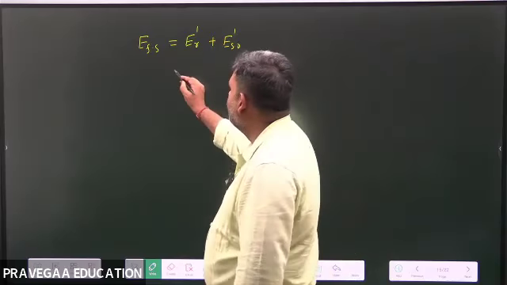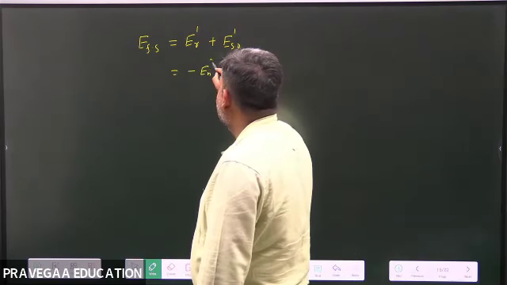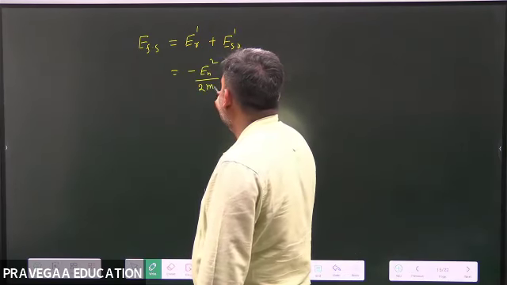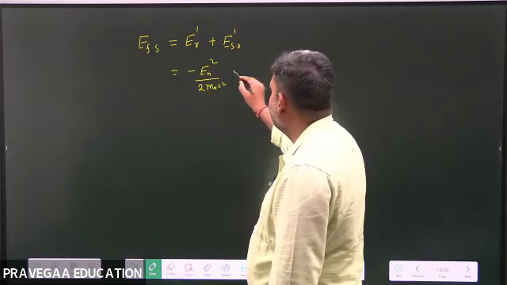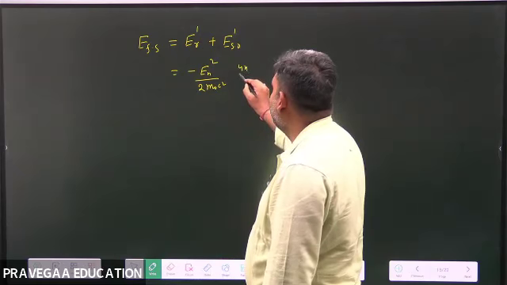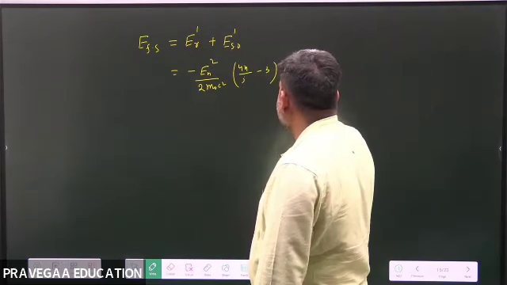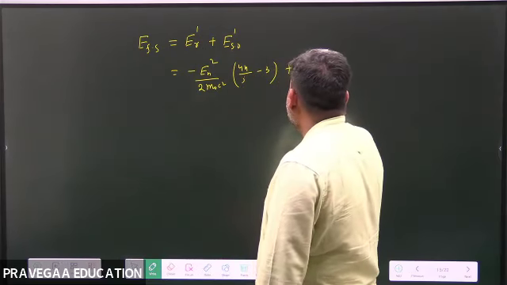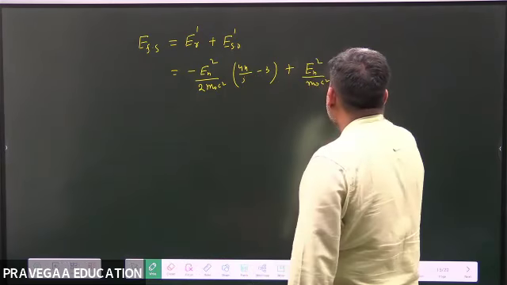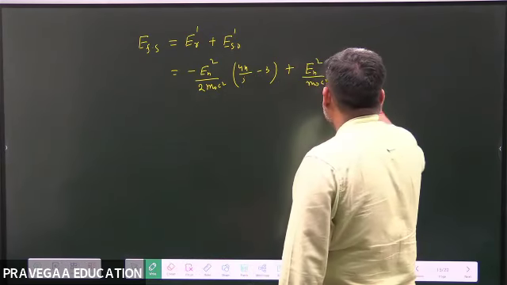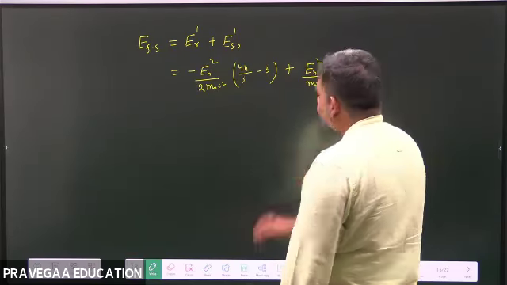So when we are going for this one, what is this value? Minus En square upon 2 m naught c square, and that value is equal to what? क्या आ रहा था? 4n by j minus 3 plus here I have En square upon m naught c square, and what value? n j into j plus 1, j plus half, यही है ना?